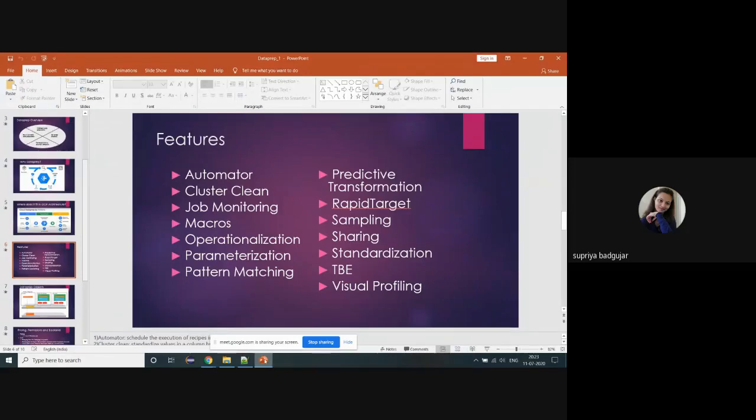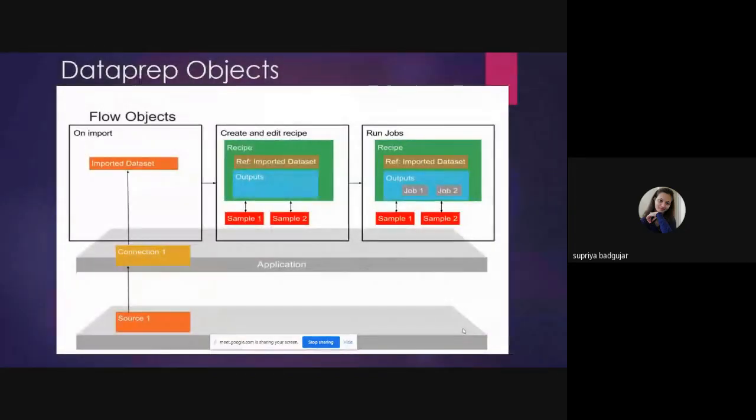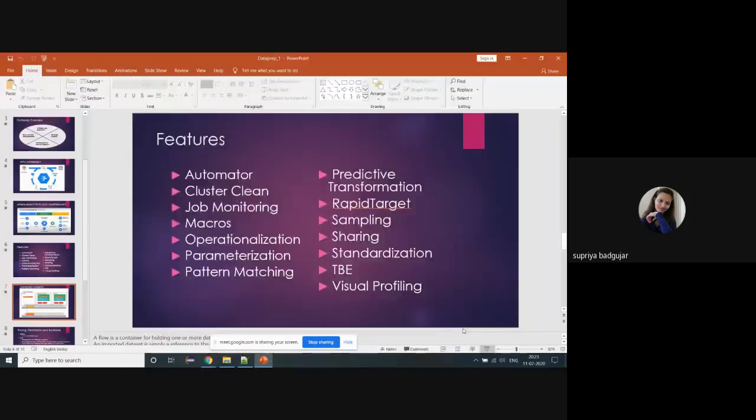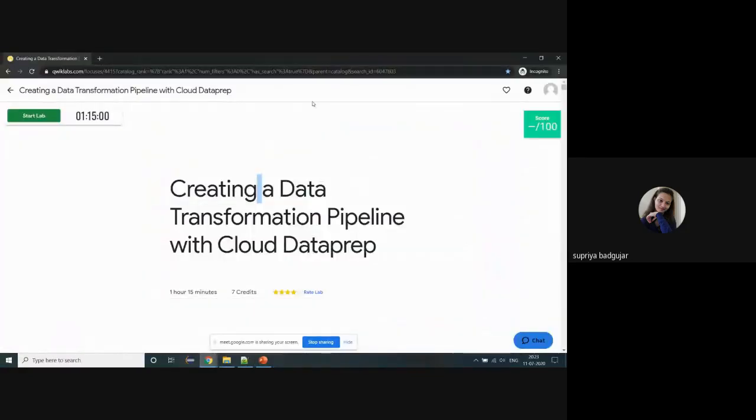As part of the demo, I think, let's start with the demo. I will come back to this later on. Let me start. For the demo, I'm going to use this particular lab, which is creating a data transformation pipeline with Cloud Dataprep.